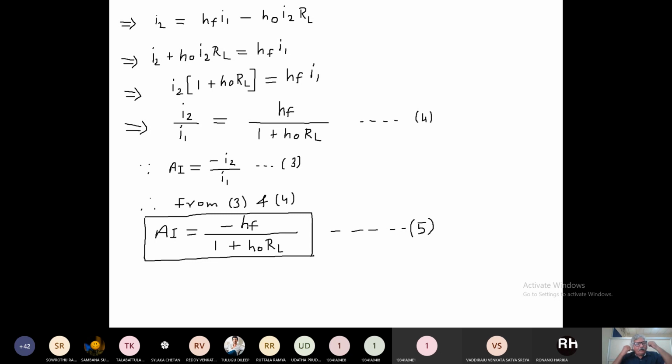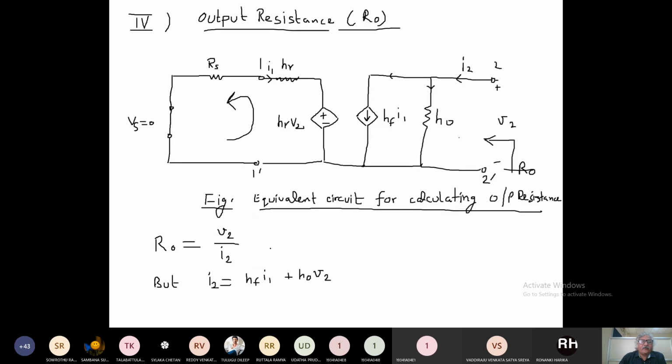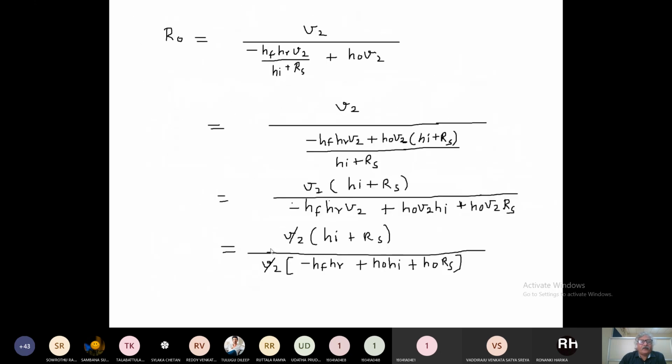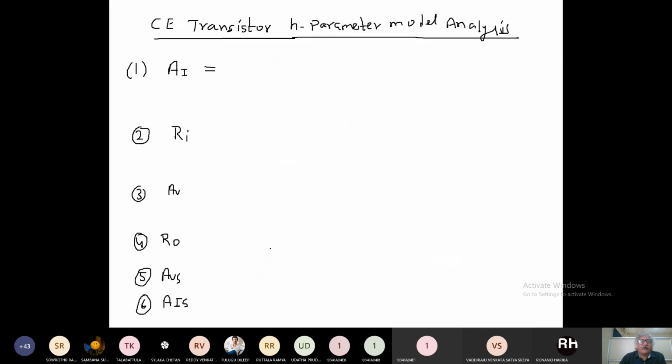So this is the generalized expression. For common emitter, what we have to do? You have to write FE, OE. That's all. With this expression, you can write the analysis part of any configuration, right? Common emitter, common base, or common collector, whatever you want.